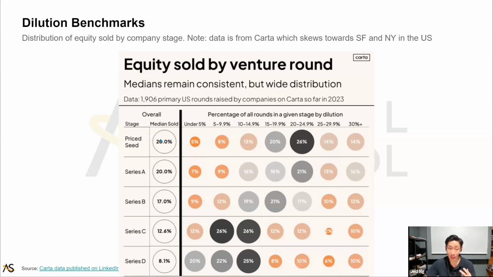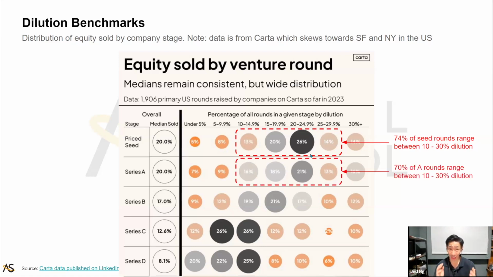Because the median seed stage company has 20% dilution. But if you look at the distribution on the right here across these bubbles, you see that if we're looking at a range of 10% to 30% dilution, okay? So remember, the average is 20. If we enlarge that span to 10 to 30, there's actually a huge range here because 74% of companies fall within that 10 to 30% band.